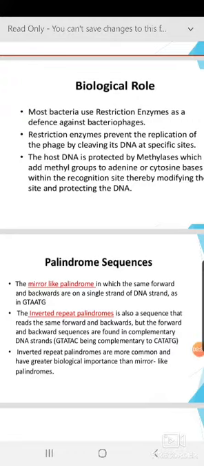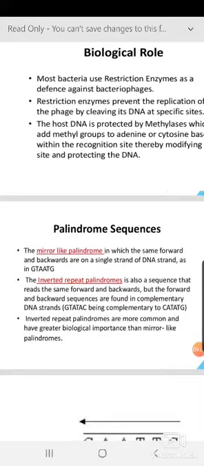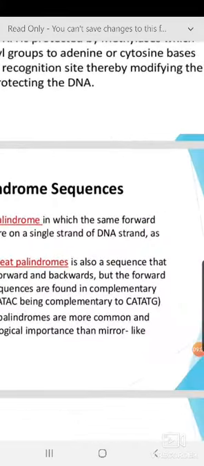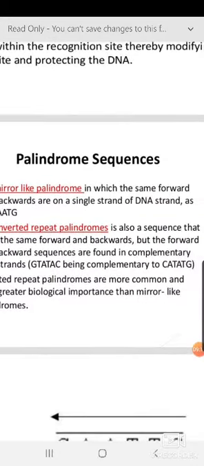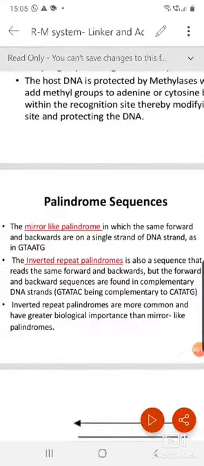If you read GTA in the opposite direction, that is also GTA. Now, the inverted repeat palindrome is also a sequence that reads the same forward and backward, but the forward and backward sequences are found on complementary DNA strands.